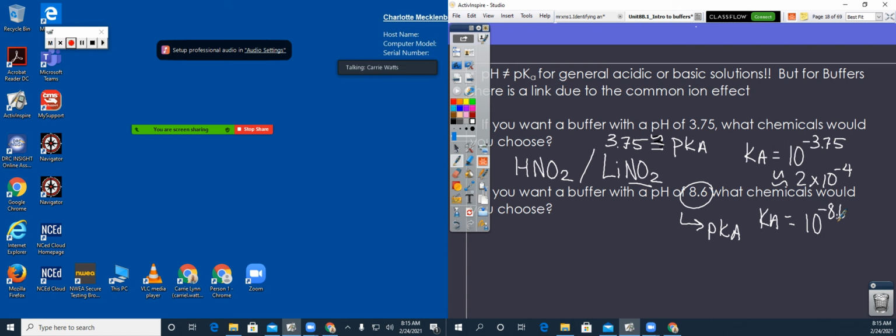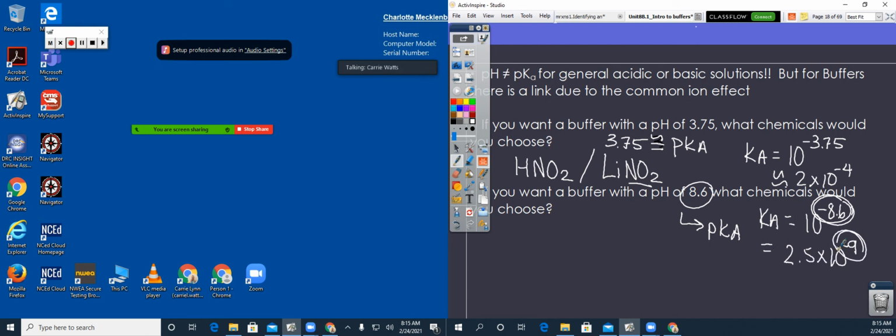I think you can actually just estimate this again. You're looking for something around that exponent, negative 9. If you take the actual Ka, I ended up with 2.5 times 10 to the negative 9. I think you're really just looking for that exponent.